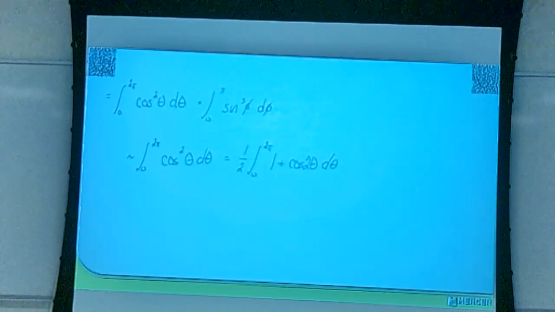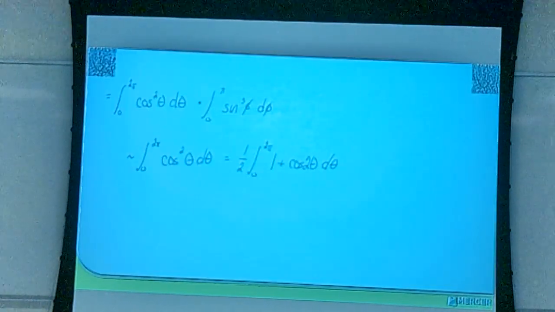Well, aren't we integrating cosine of 2 theta over 2 full periods?